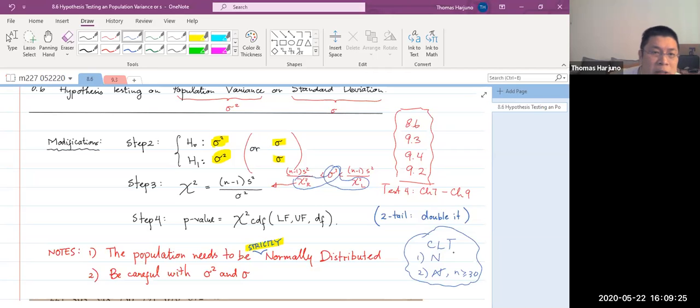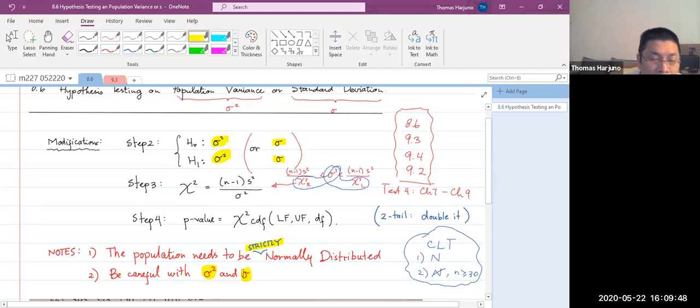Okay, now the second note is more about the warning. Be very careful with the wording or what is given. Okay, in my experience with my past students, I usually found students get confused when the given is population variance or the given is standard deviation.